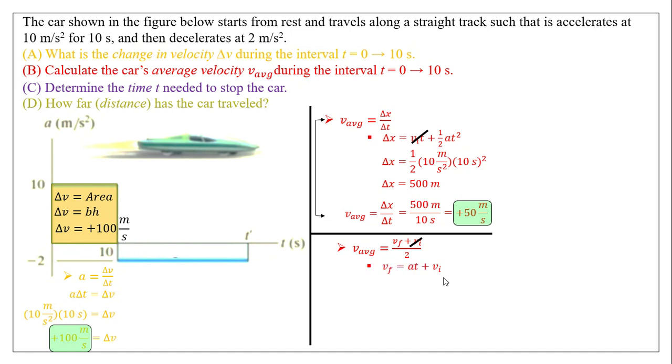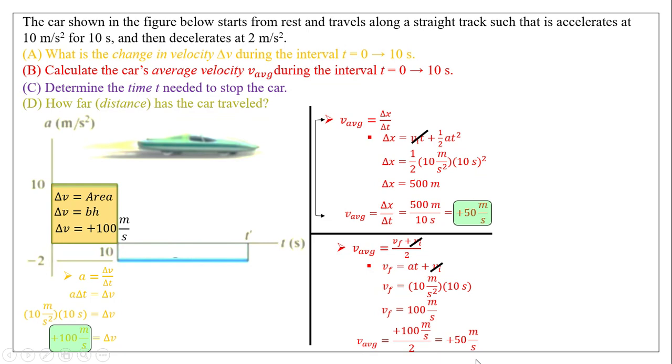VF here is just AT plus VI. Well, VI is 0, A is 10, time is 10. So 10 times 10 is 100. So if you think about it, it makes sense. V average now would just be VF, which is just positive 100 because it's accelerating to the right in the diagram, divided by 2. So 100 divided by 2 will give you also 50 meters per second. As you can see here, the answer comes out the same, regardless of which strategy you use.